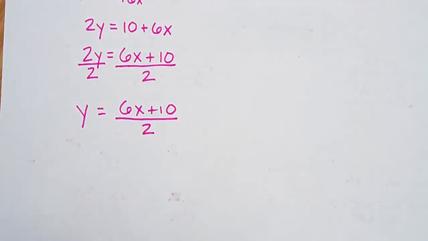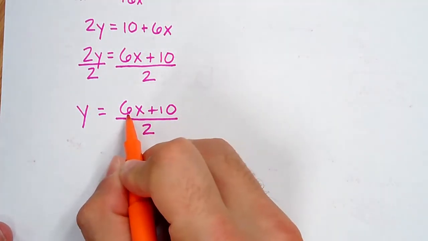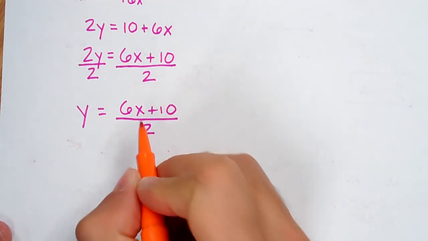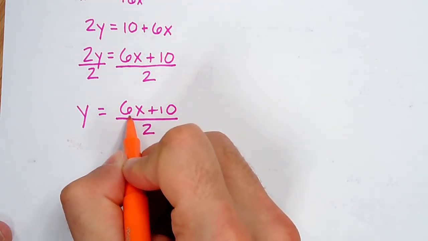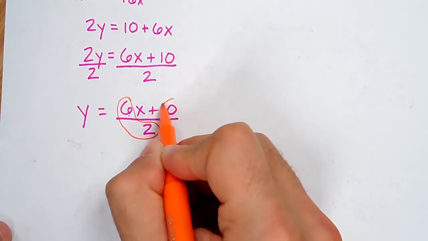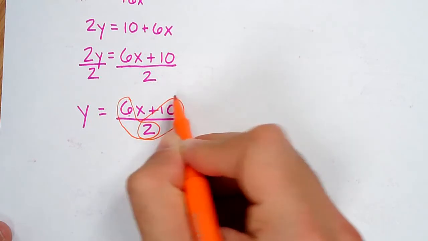Now, we are done, but we can simplify this one step further. What we can do is divide both terms in the numerator by 2. So we are going to do 6 divided by 2, and then 10 divided by 2.